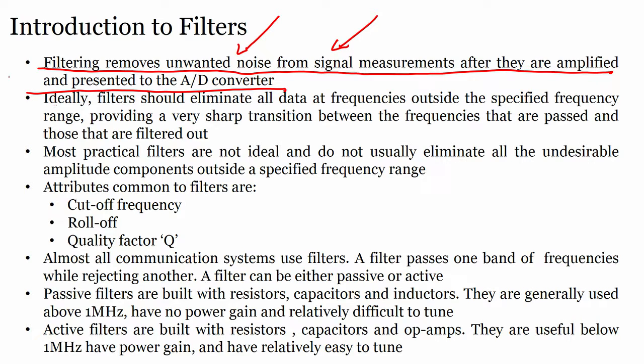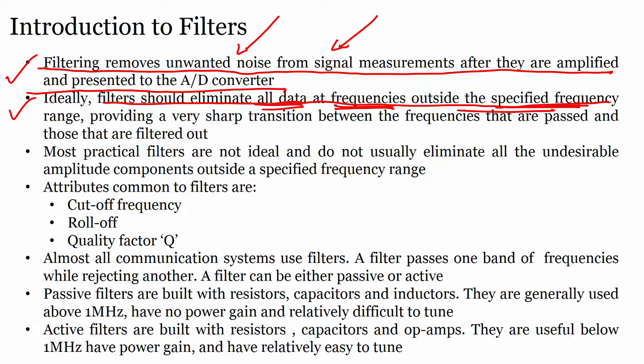Slide now, let us see the second point, which is this one. Ideally a filter should eliminate all data at frequencies outside the specific frequency, right. You have to remember this thing about the filter.